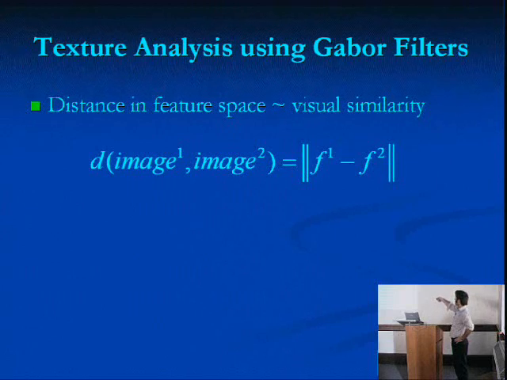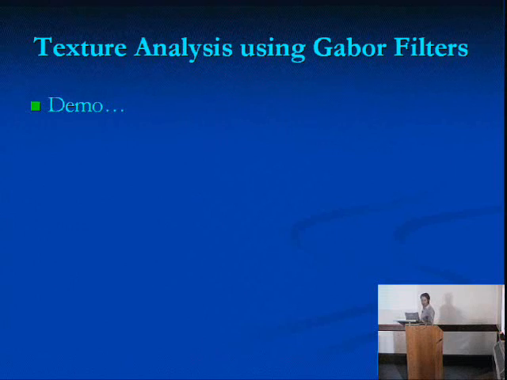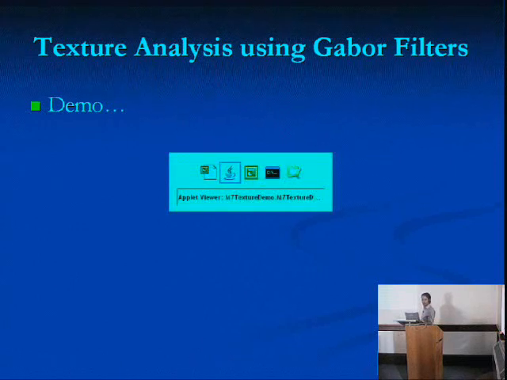Given the feature vector of one image and a feature vector for another image, by simply taking some norm distance of them, we can come up with a measure of visual similarity. And this is exactly what's going on in the demo. Let's go back to the demo really quickly.